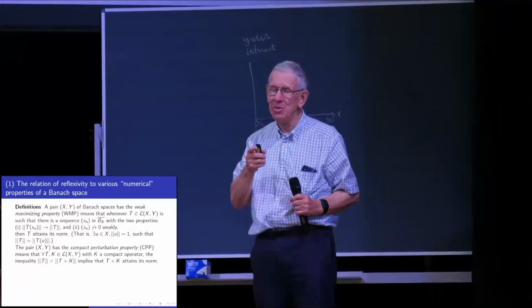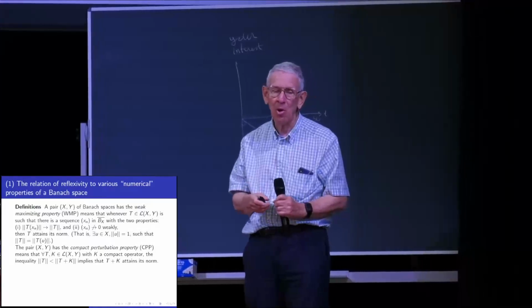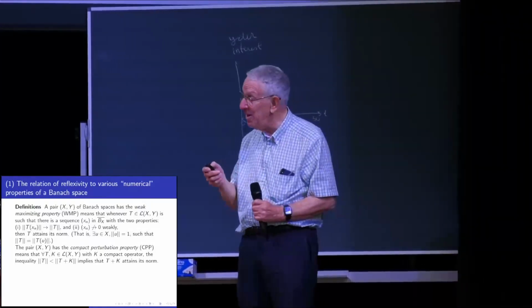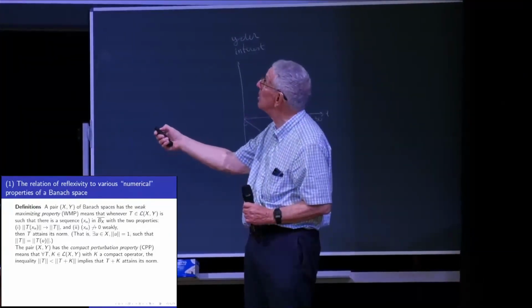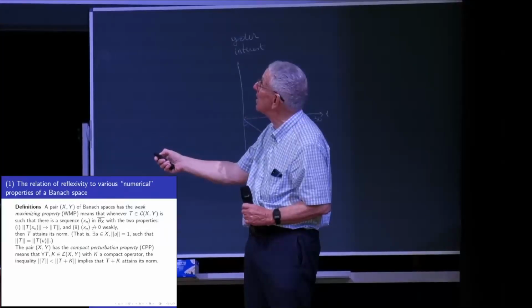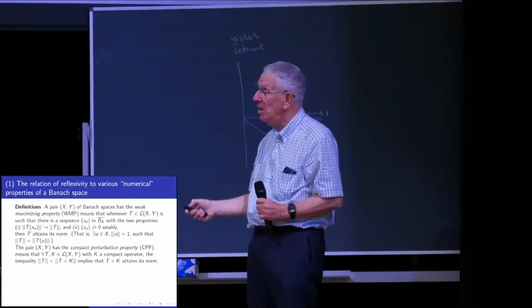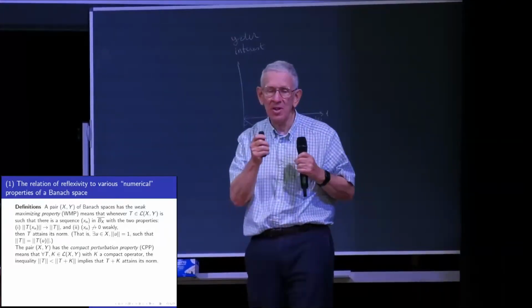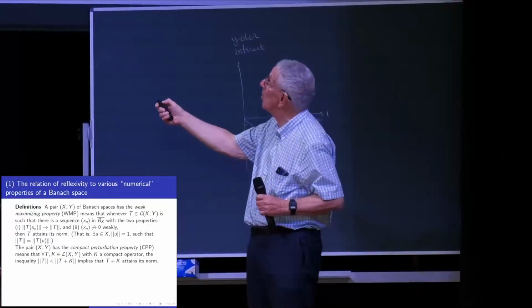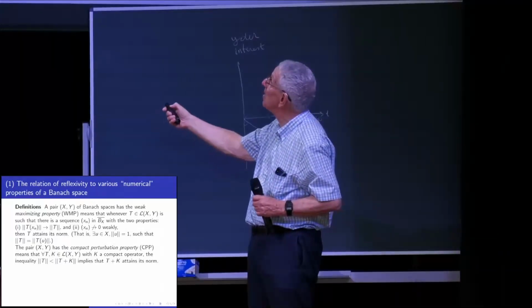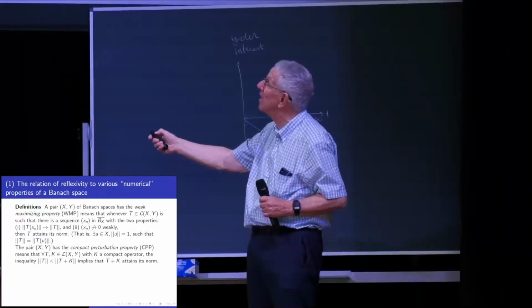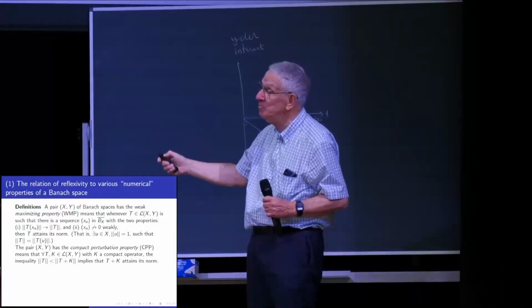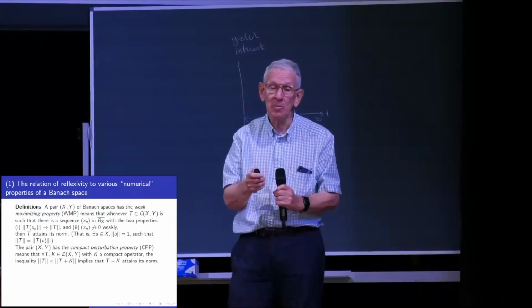The two definitions are about what we call WMP and CPP. So what's the WMP? A pair X, Y of spaces has the weak maximizing property, which means the following.